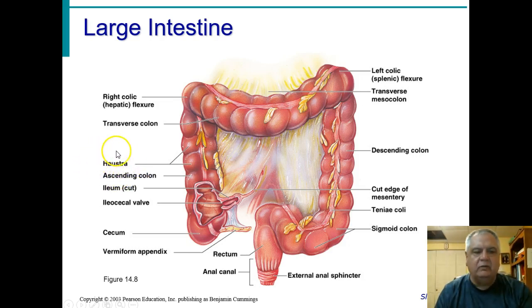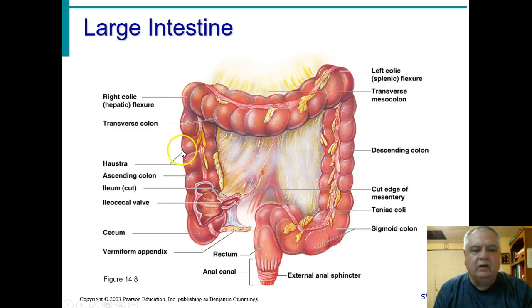Now, when we think about something like diverticulosis, what is diverticulosis and diverticulitis? These haustra are normal sacs, but because you have the lack of a muscle all the way around, it doesn't have quite the support. So you can get outpockets from weakenings of the walls around the haustra, and these outpockets will be referred to as diverticula.